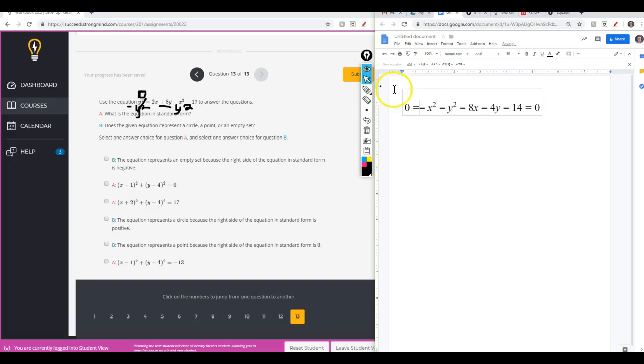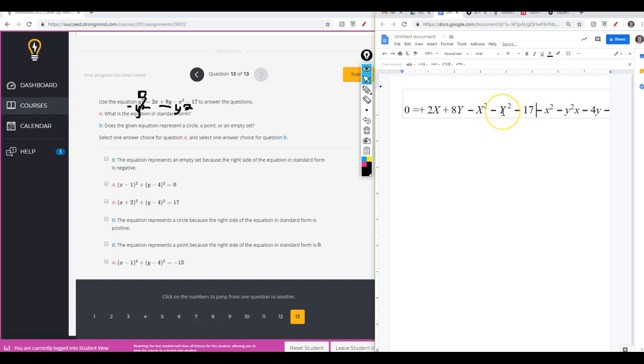And then we have 2x plus 2x, and then plus 8y, and then minus x squared, and then minus y squared. I didn't realize my caps was on, and then we have minus 17.